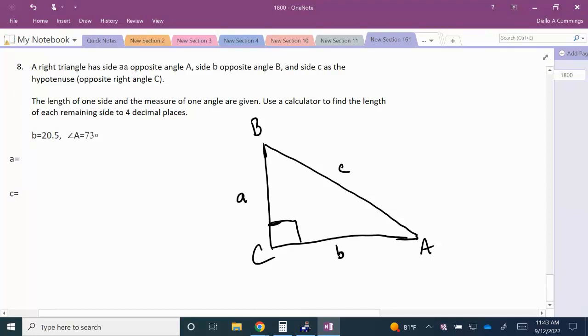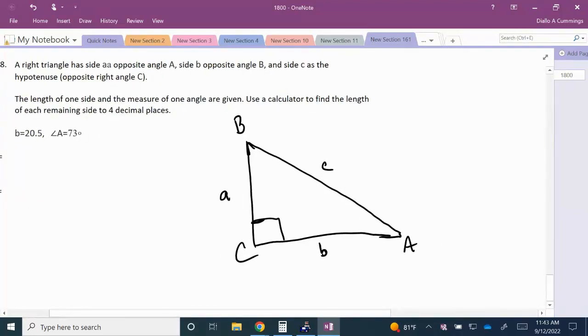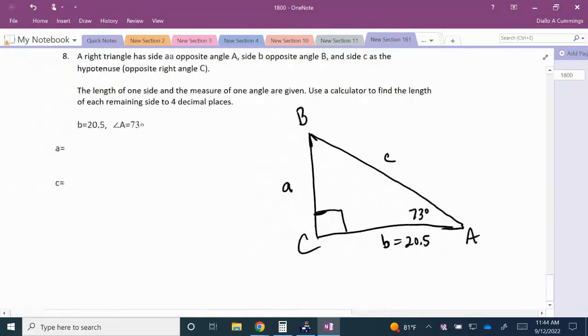So capital letters for angle measures and lowercase letters for side lengths, right? So we have that B is equal to 20.5, A is equal to 73 degrees, and we're asked to find side length A and side length C.